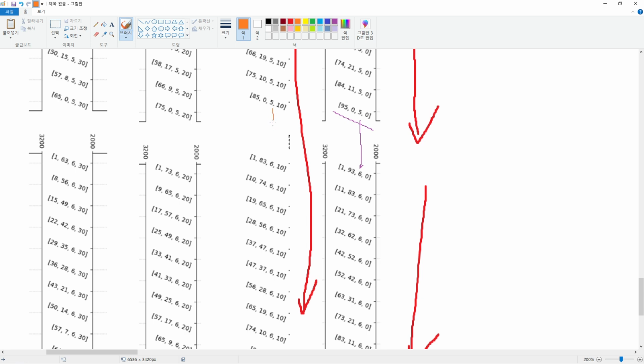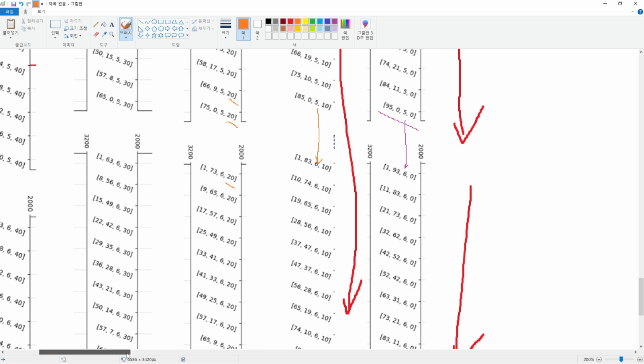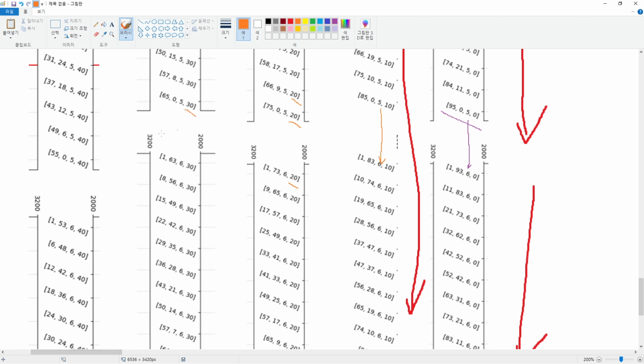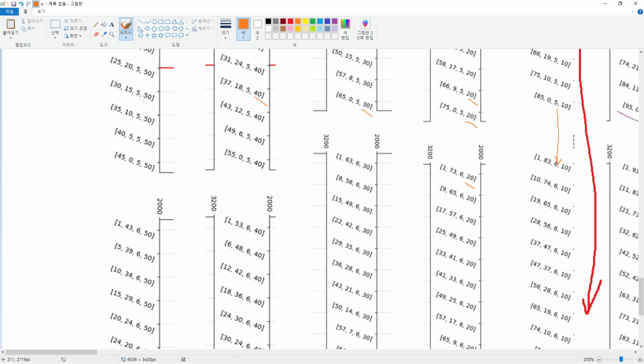You get the idea. 5 to 6, and then the chill ratio is increased to 20. When we've done this column, 30, after that 40, up until 50.